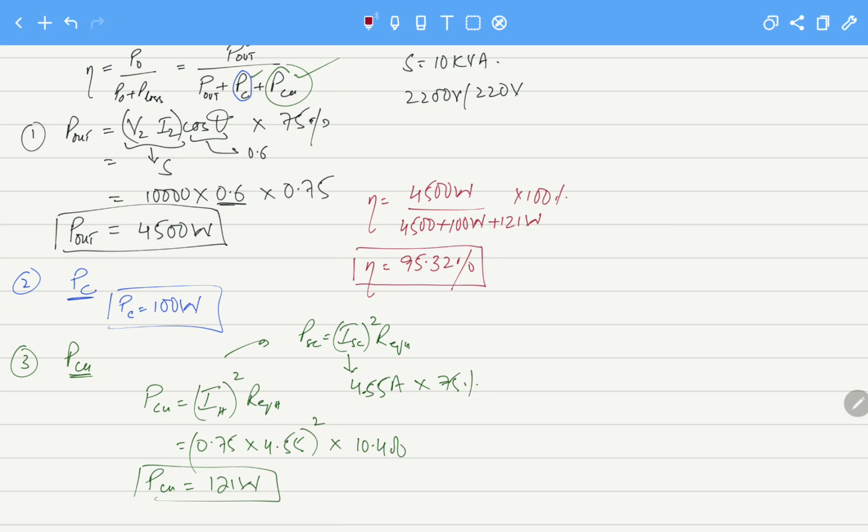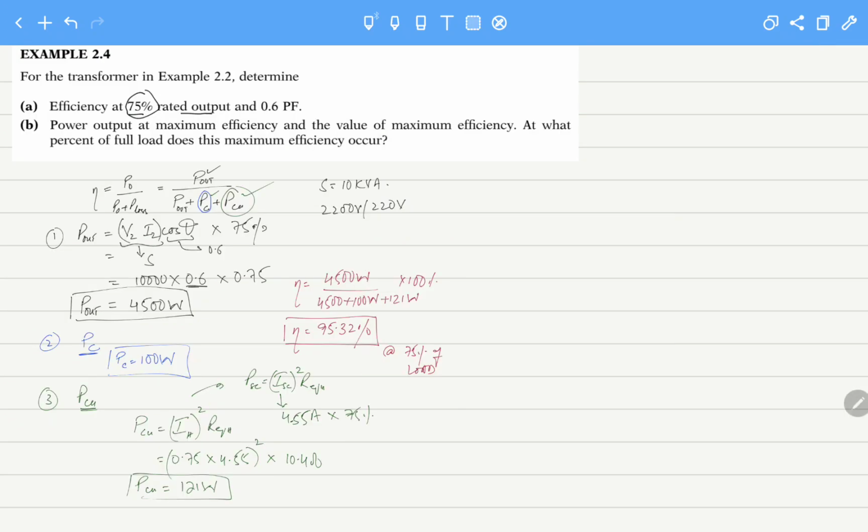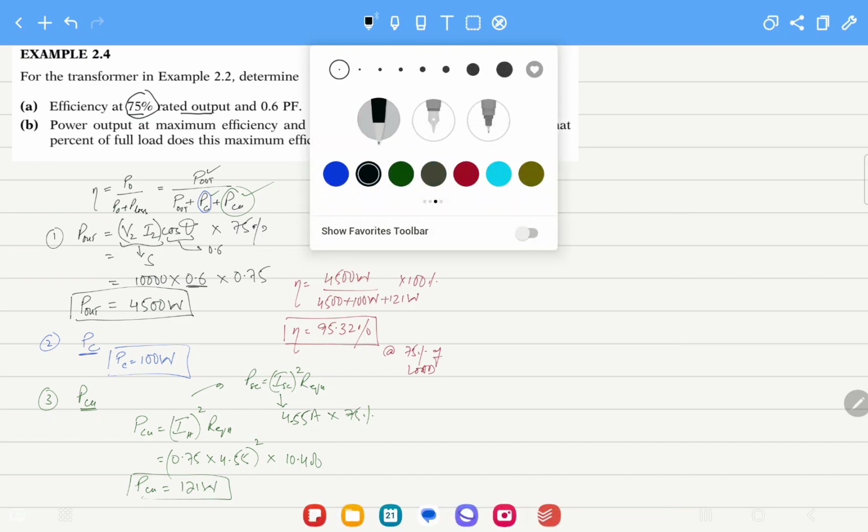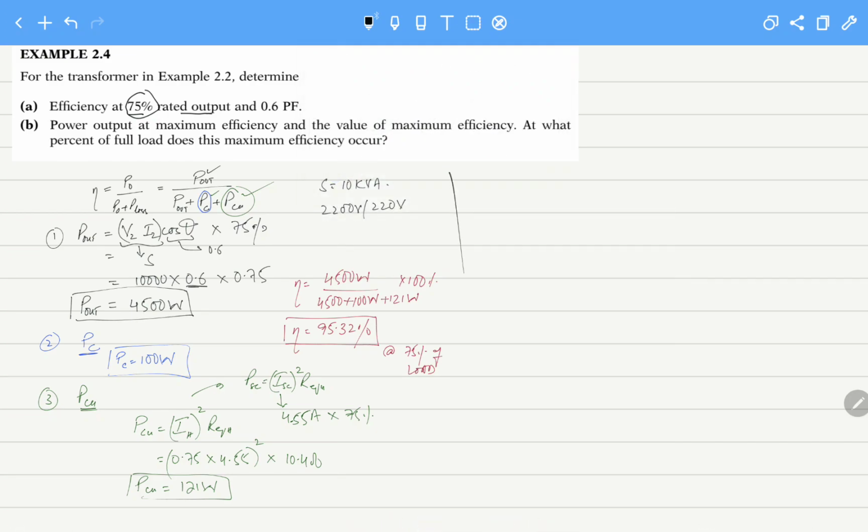This will be the efficiency of our transformer at 75% of the load. So the next part wants us to calculate the maximum efficiency.